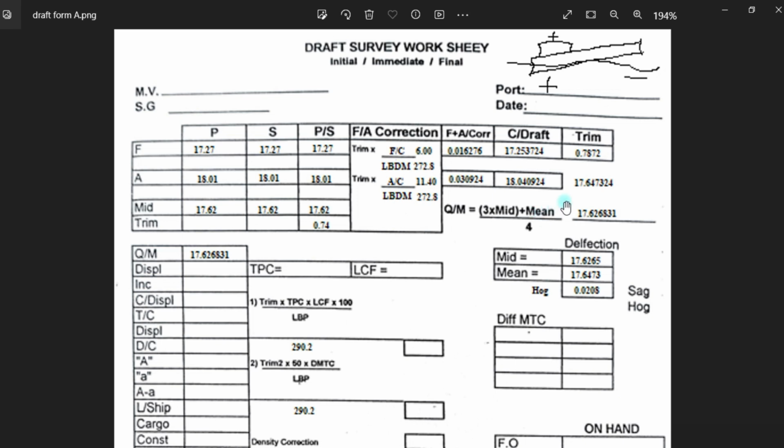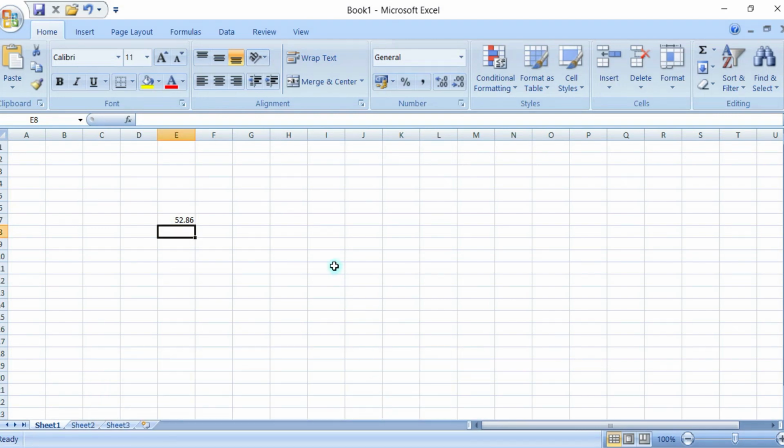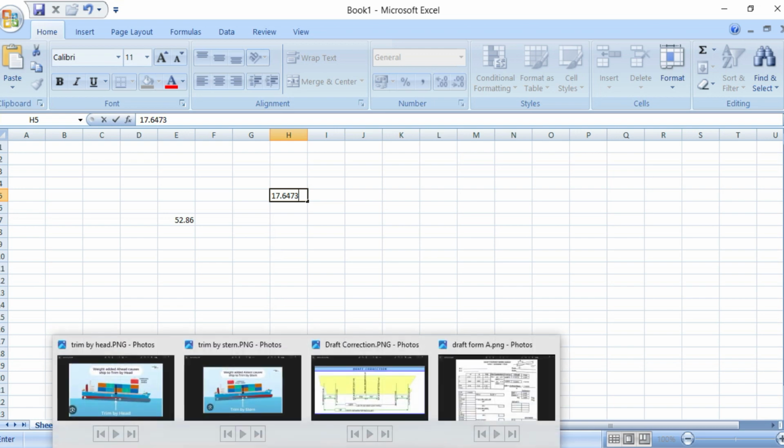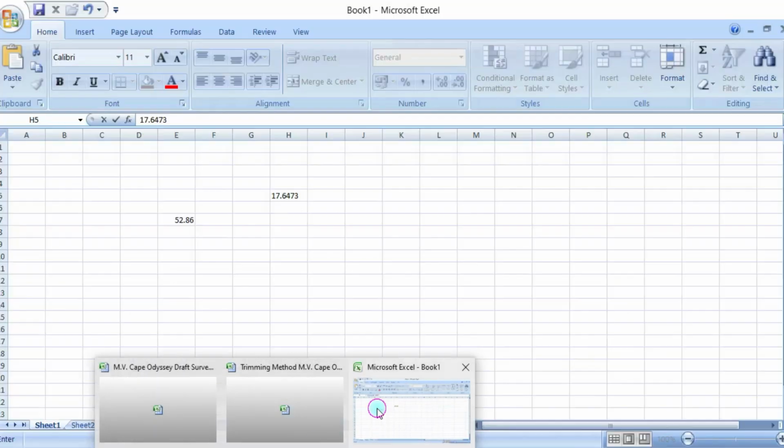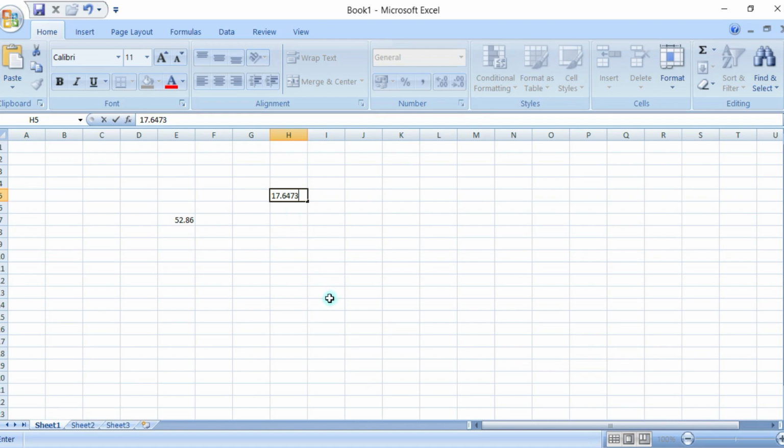Mean is 17.647324. Okay, that is your mean.